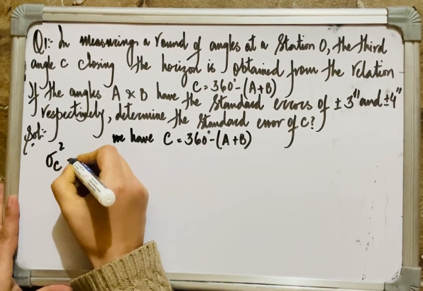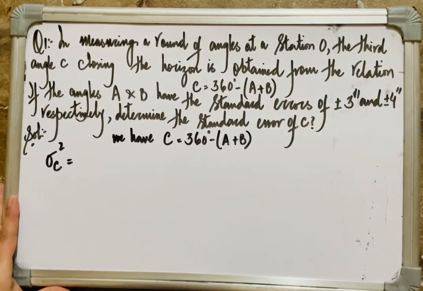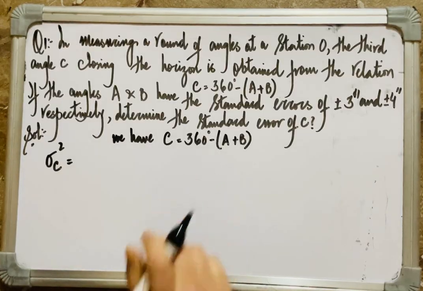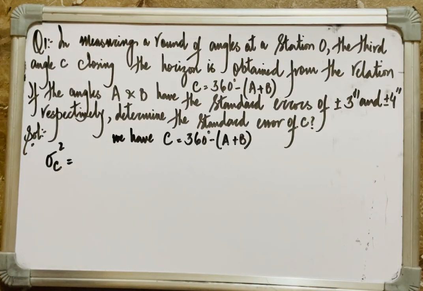Sigma C square, standard error in C, is given by differentiating these observed quantities. We can find the effect on the derived quantity by differentiating with respect to each of the observed quantities, and then we have to sum up to obtain their total effect, as already discussed during calculations of propagation of standard errors.